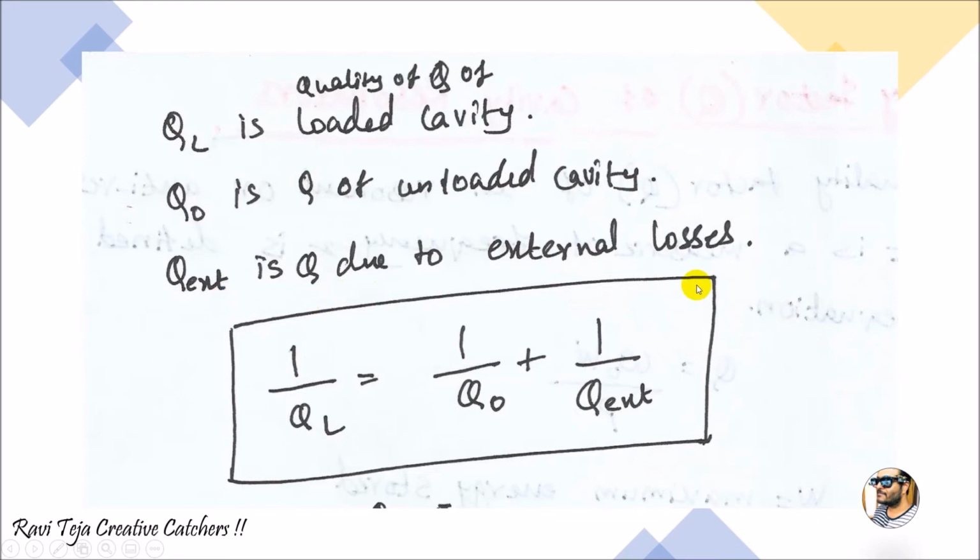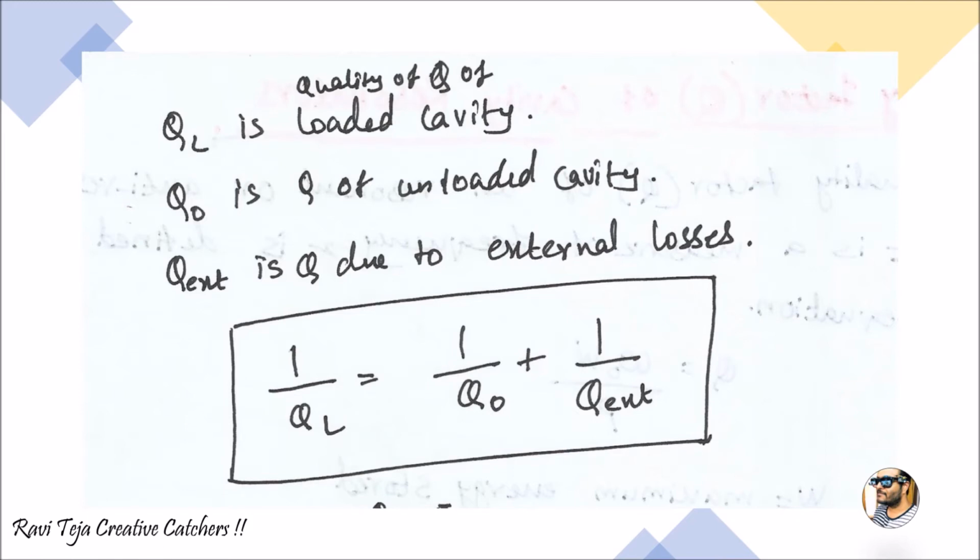So we have 1 by QL, where QL is the loaded cavity, equal to 1 by Q naught, where Q naught is the unloaded cavity, plus 1 by QX, where QX is the external losses. So 1 by loaded Q is equal to 1 by unloaded Q plus 1 by external Q. These are the three conditions we need to see in a cavity resonator.